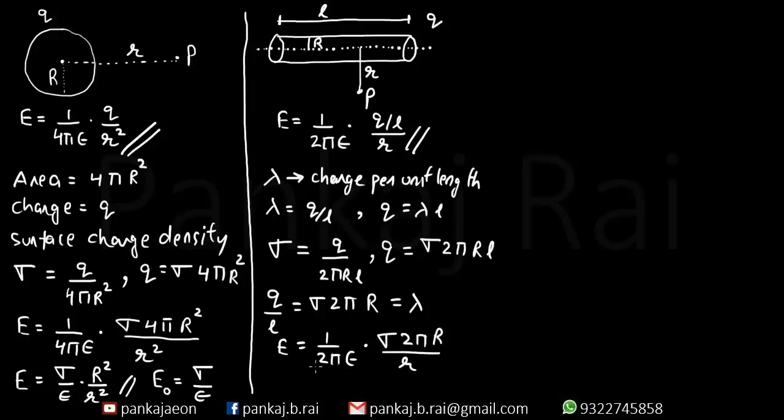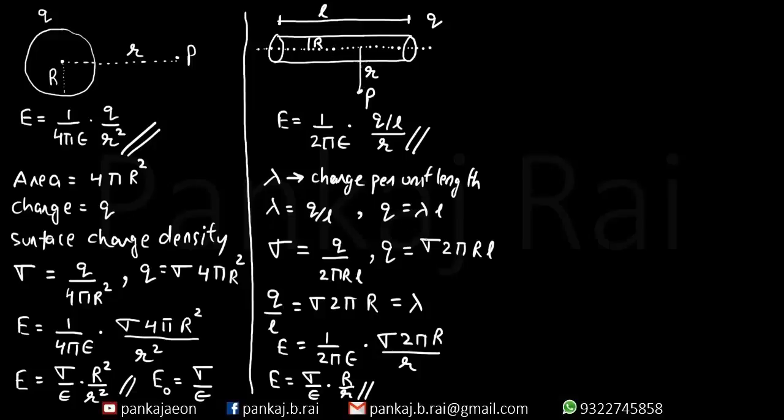The 2 pi and 2 pi get cancelled, and we get electric field intensity as sigma by epsilon times capital R by small r. This is another variant of electric field intensity at a point at a distance small r from a cylinder whose radius is capital R.